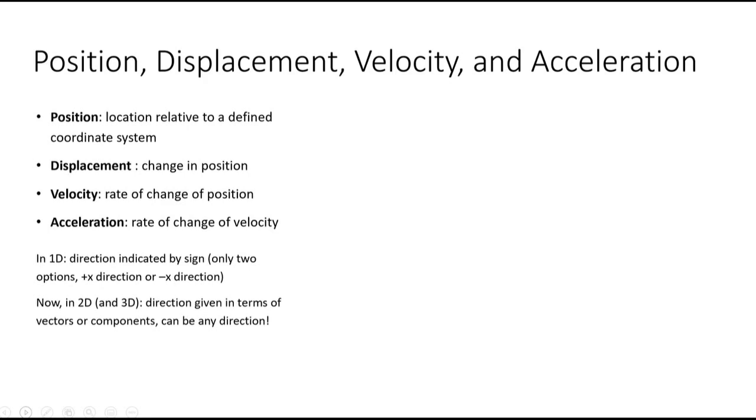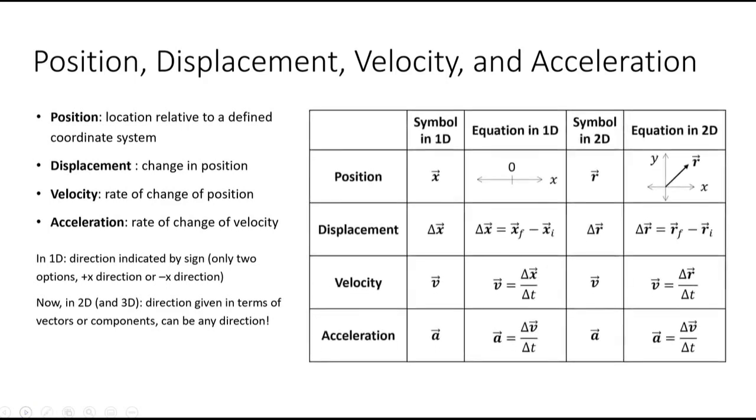So it's no longer confined to a straight line. It can happen in any direction along a 2-dimensional coordinate system. And this is also true if we were to expand into 3 dimensions. Then our direction is going to be given in terms of vectors and vector components instead of just thinking about plus or minus signs. And that's going to allow us to generalize these 4 different terms that we think about in terms of kinematics, so position, displacement, velocity, and acceleration, into 2 and 3 dimensions. So how are we going to do that?